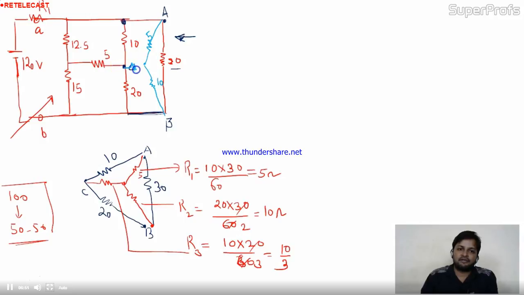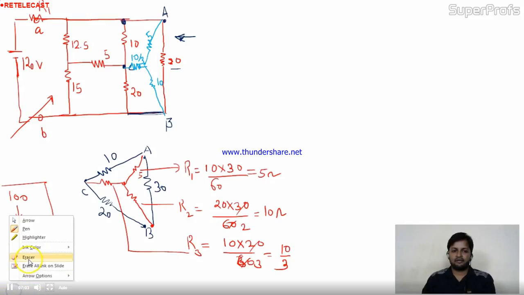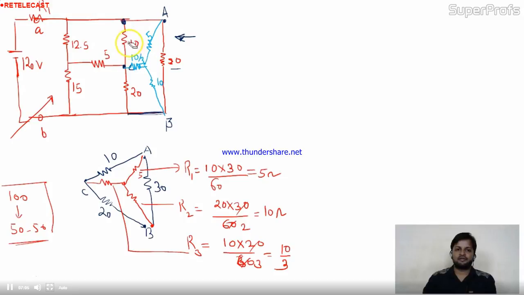What about this? This branch you have 10 by 3. Now you can remove the delta connection which we previously had. I can remove this. Now this one no longer exists in the circuit. Now your circuit becomes like this.